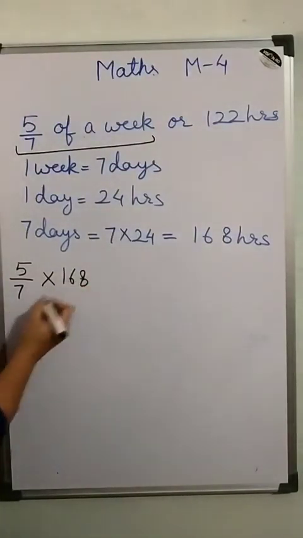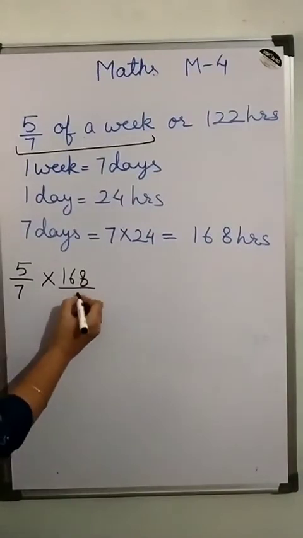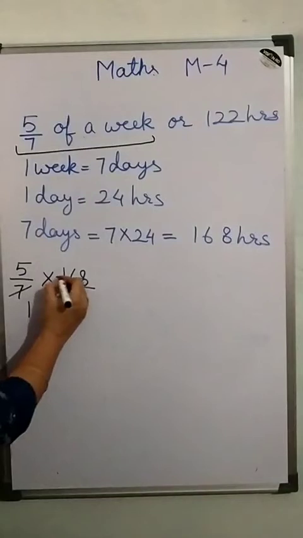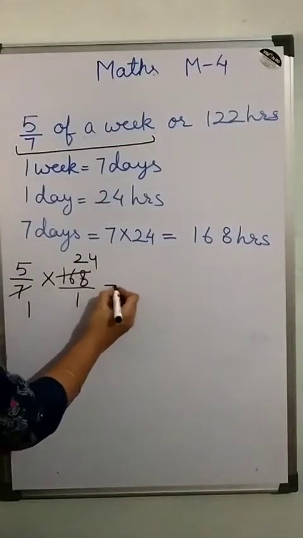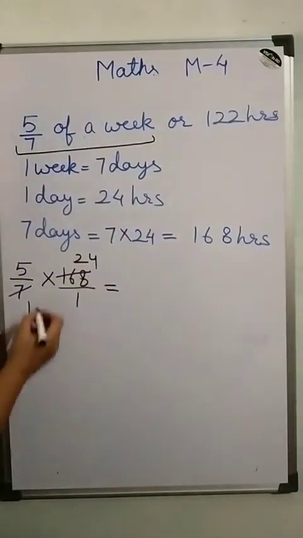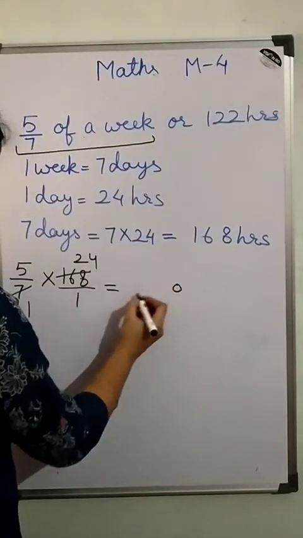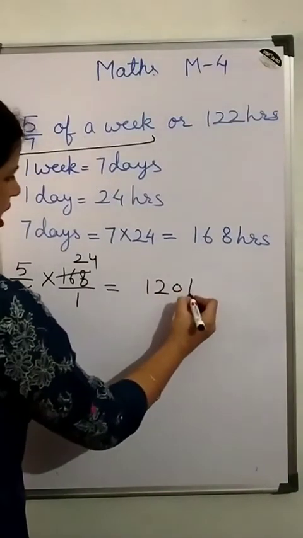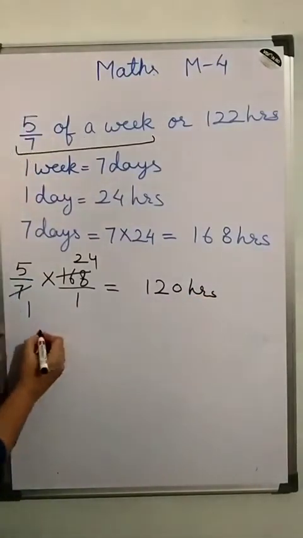So can we reduce them? Yes. Here I am writing 1. Now can we reduce it by 7? That is 5 into 24. So that is 120 hours. So just see here, 120 hours.